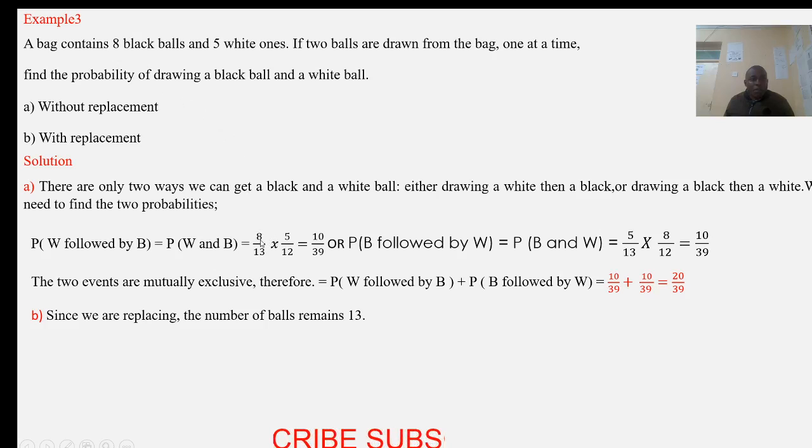You removed a black one, which is 8 over 13, and then there remained 12. If they remained 12, then the next one will be 5 over 12.